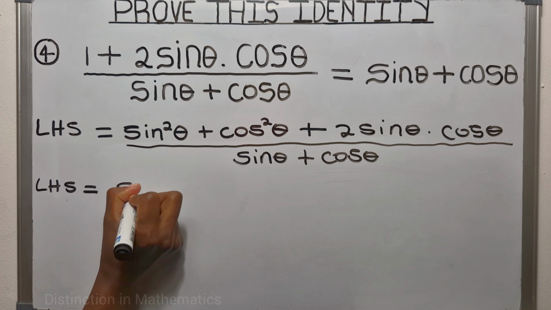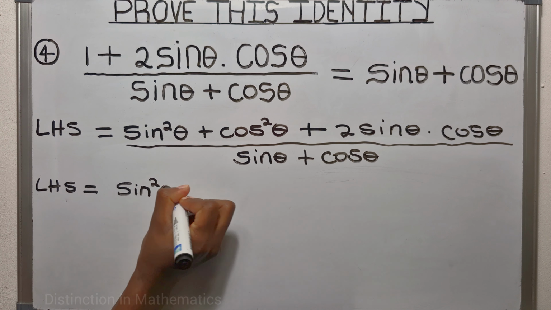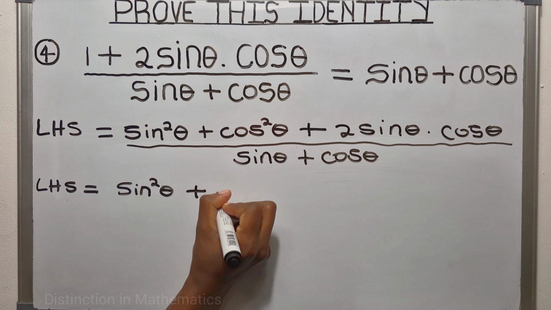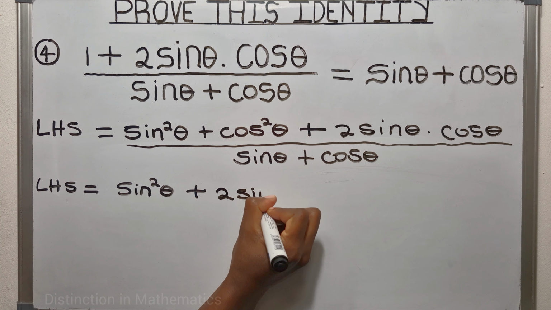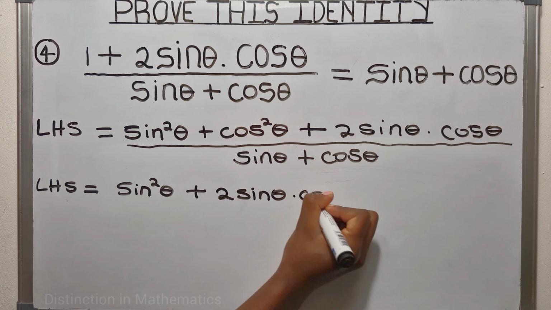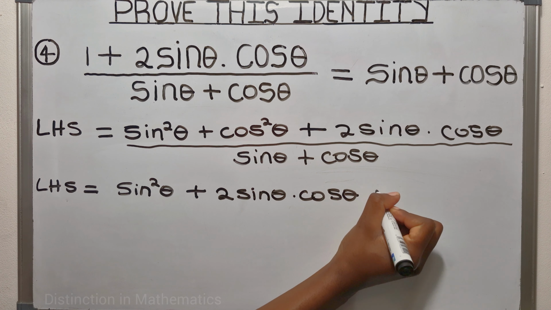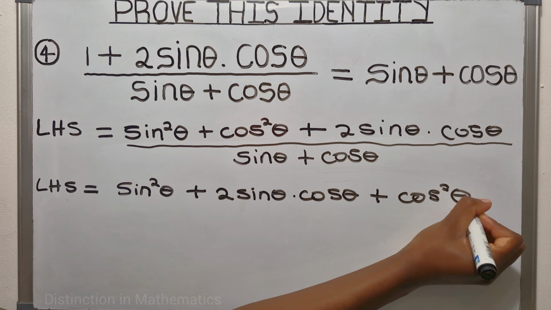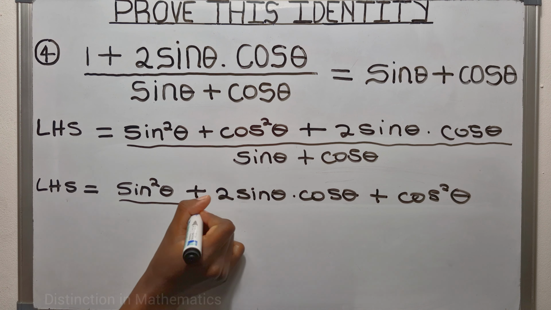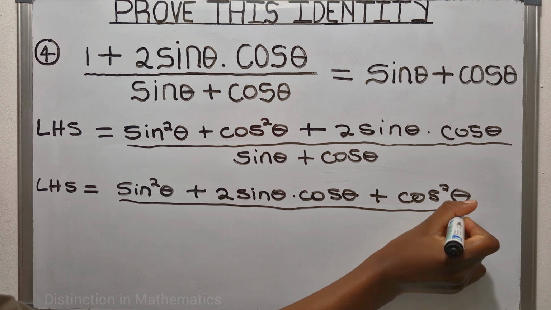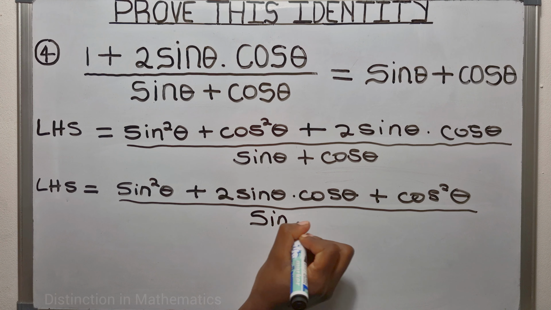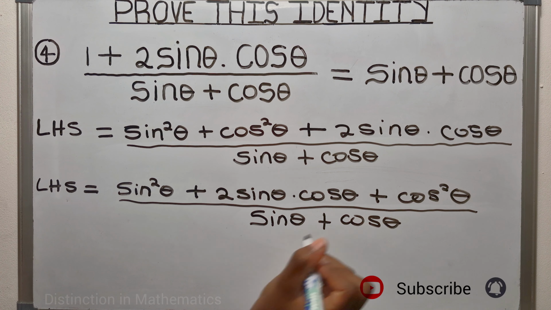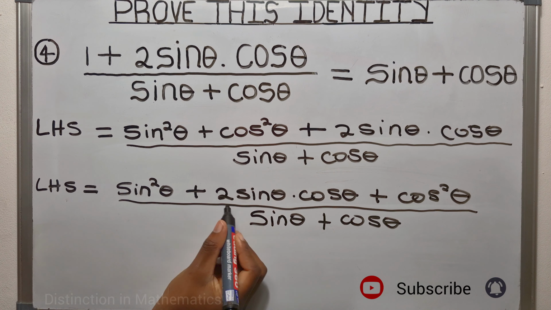We're going to have sine squared theta. Then we take cos squared theta to the other side. So we're going to have plus 2 sine theta cos theta plus cos squared theta all over sine theta plus cos theta. Now we can factorize the numerator.